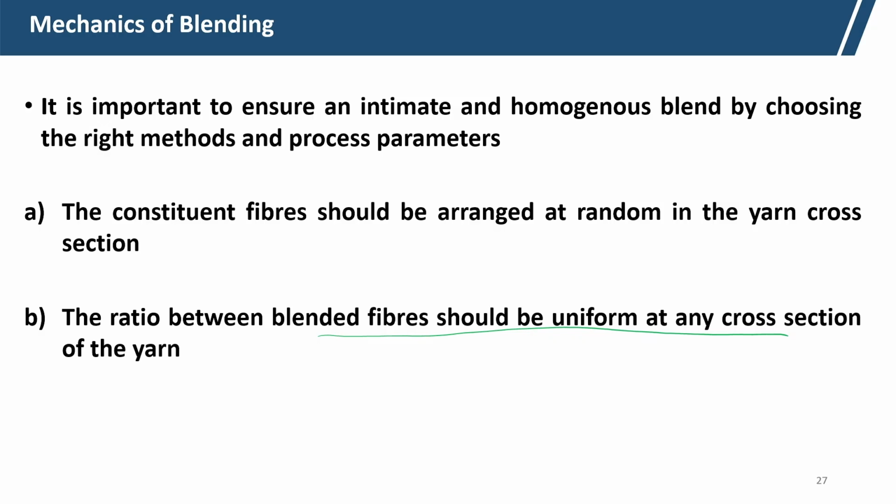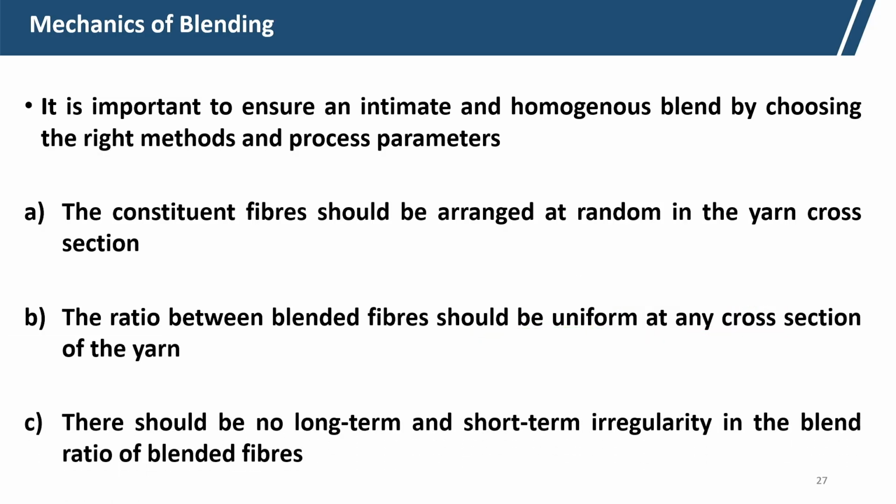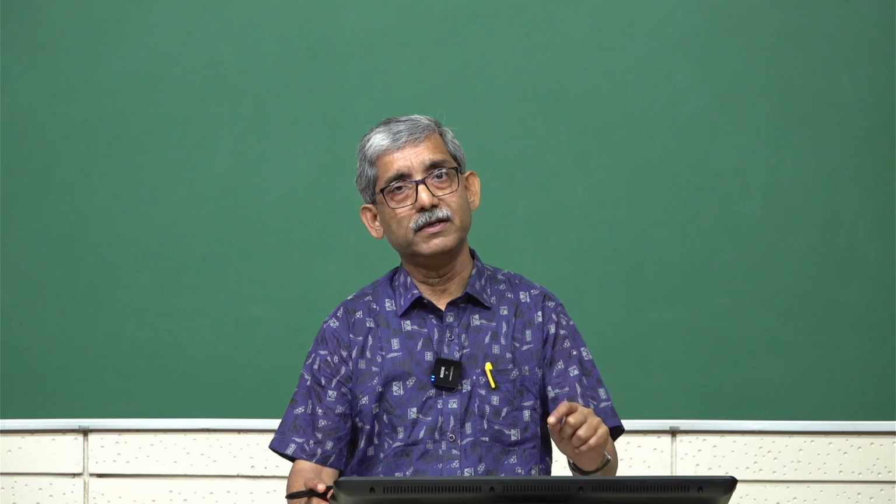Along the length also, the blend proportion in this portion should be equal to that in the other portions. There should be no long term and short term irregularity in the blend ratio of fibers, so there should not be any lengthwise variation.